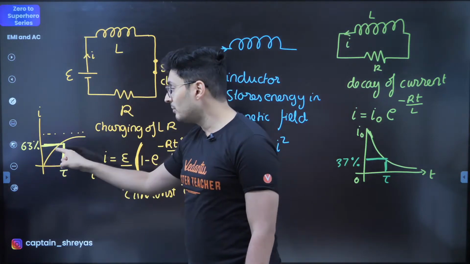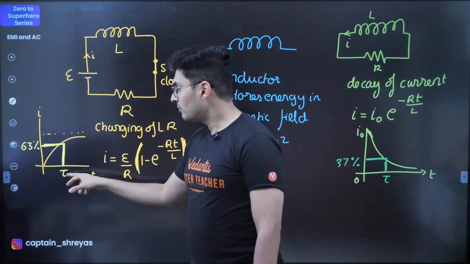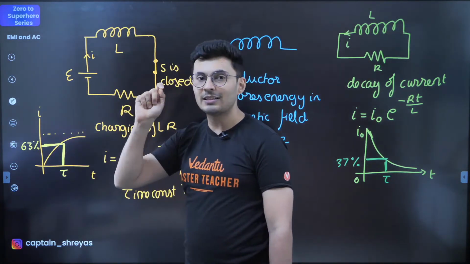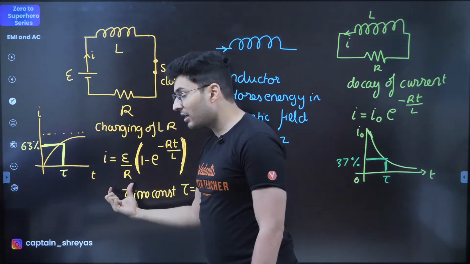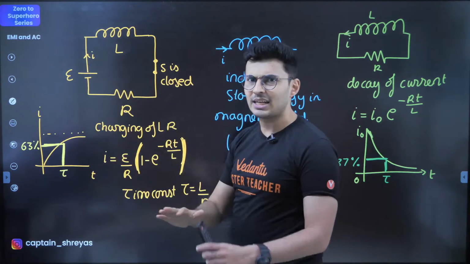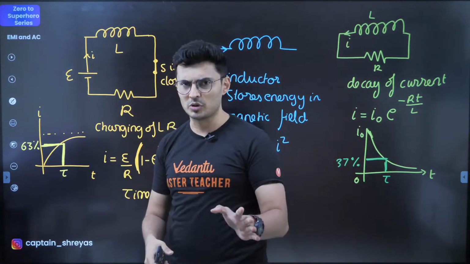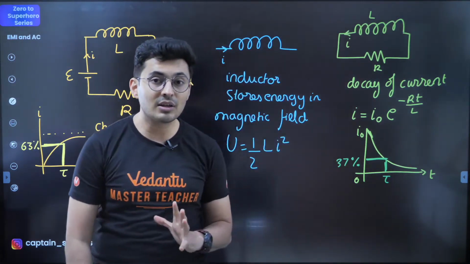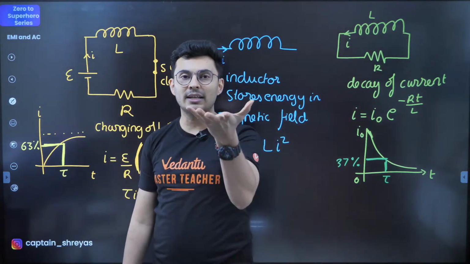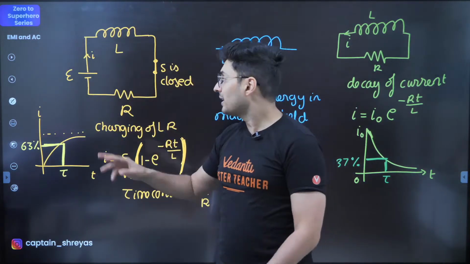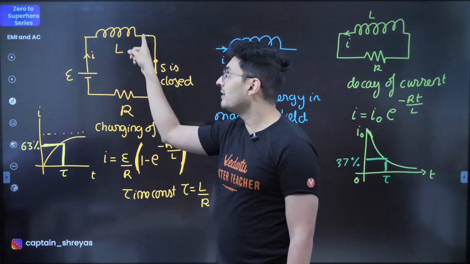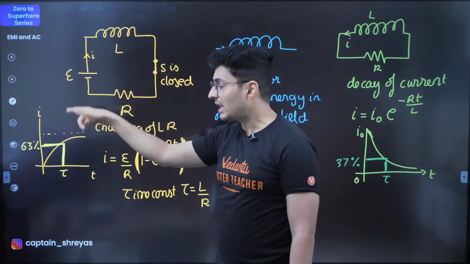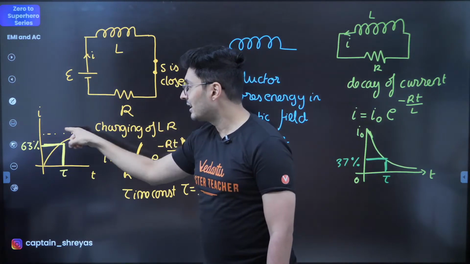The current builds up eventually, but after one time constant, it is just 63% of the final current. After 2 or 3 more time constants, it will almost be 99% or 100%. That's the growth of the current when you connect an inductor. The idea is that the current does not go up suddenly, it takes some time. If this inductor was not there, the growth would be like this.